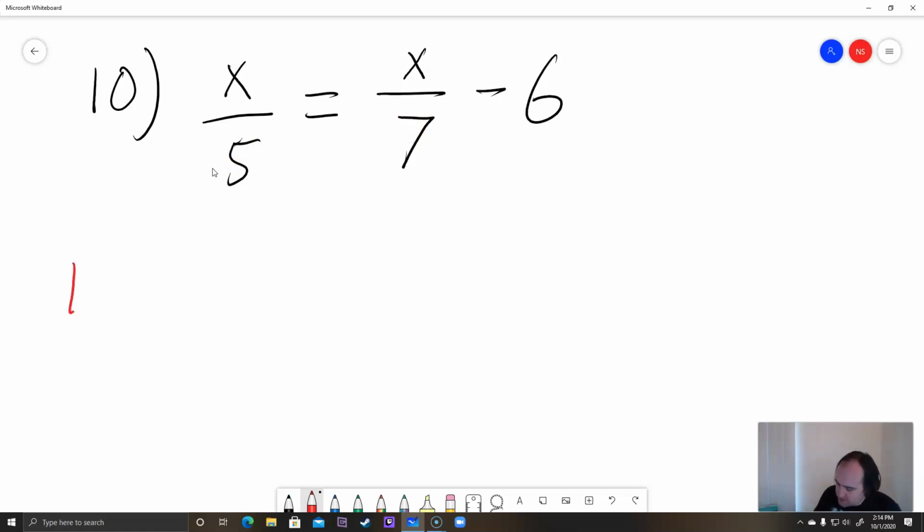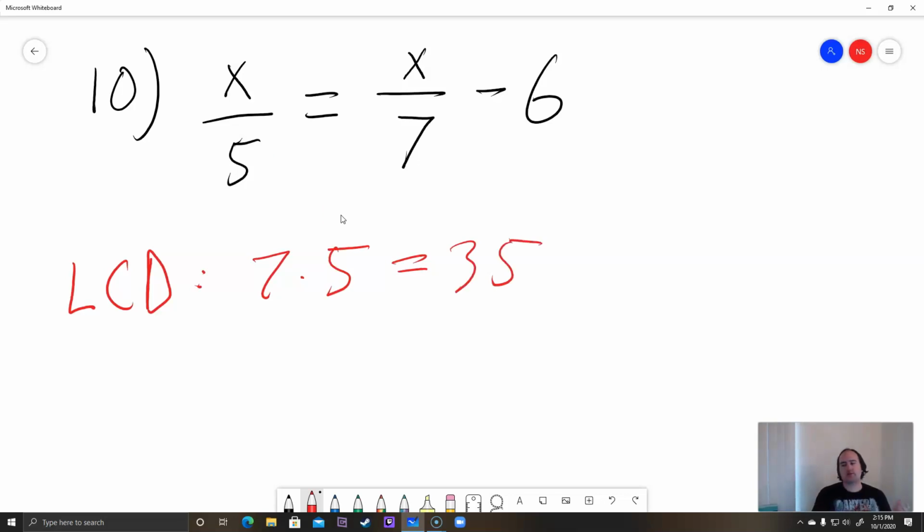So let's do that first. The LCD of 7 and 5, well, they don't have any common factors. So probably the easiest way to find the LCD if you don't have any common factors is to just multiply. So 7 times 5 is 35, and that's actually going to be the LCD.